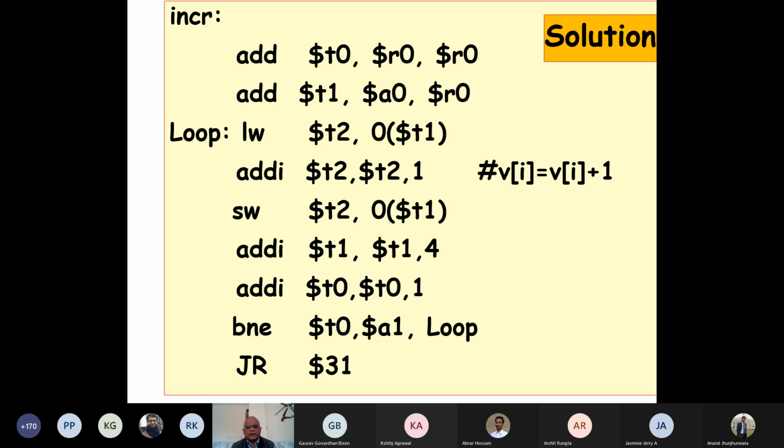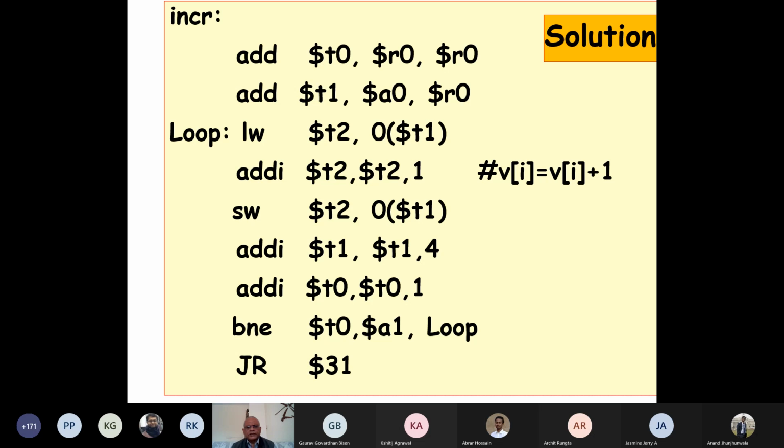And then A1 contains K, the number of elements in the array. So as long as T0 is not equal to the contents of A1, which is the number of elements of the array, let's say the array has 10 elements, we want to have this loop execute 10 times.